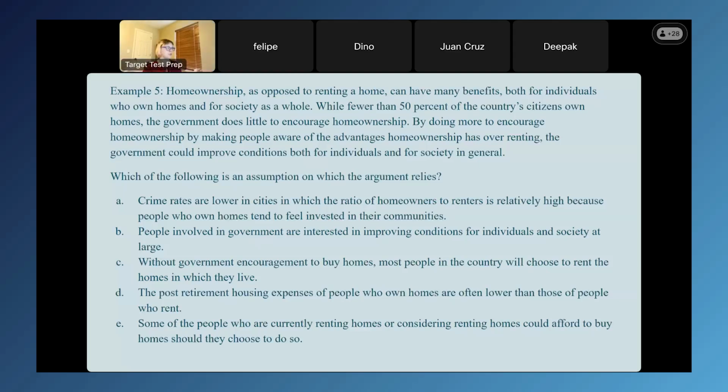That's the cleanest way to do it, because if you say without government encouragement to buy homes, most people in the country will choose to rent, then the opposite is with government encouragement to buy homes, most people in the country will choose to rent. And that's not really negating the same sentiment, because the action is the same and the cause is different, with or without government encouragement, but we really want the action to be the opposite. So I would throw in most people will not choose to rent the homes and leave the without as it is.